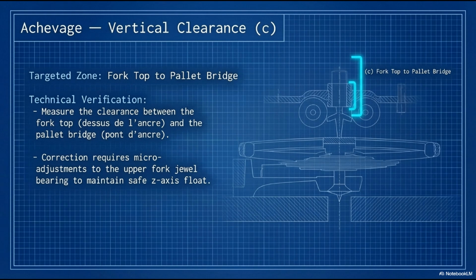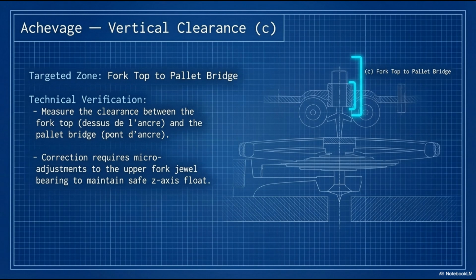If this clearance is insufficient, the fork binds against the bridge during normal operation or under upward axial shock. Since the fork must rotate freely through its complete 10 to 13 degree travel on every beat, any periodic contact with the bridge interrupts the kinematic cycle, causing timing irregularities that are difficult to diagnose without systematic step-by-step checking. Correction: micro adjustments to the upper pallet staff jewel bearing, the jewel in the pallet bridge.